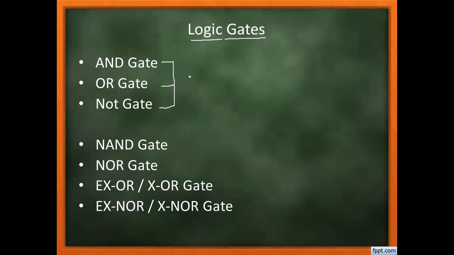These gates are called basic logic gates. And then by using these three basic logic gates, we can derive four more logic gates. These four more logic gates we call derived logic gates.